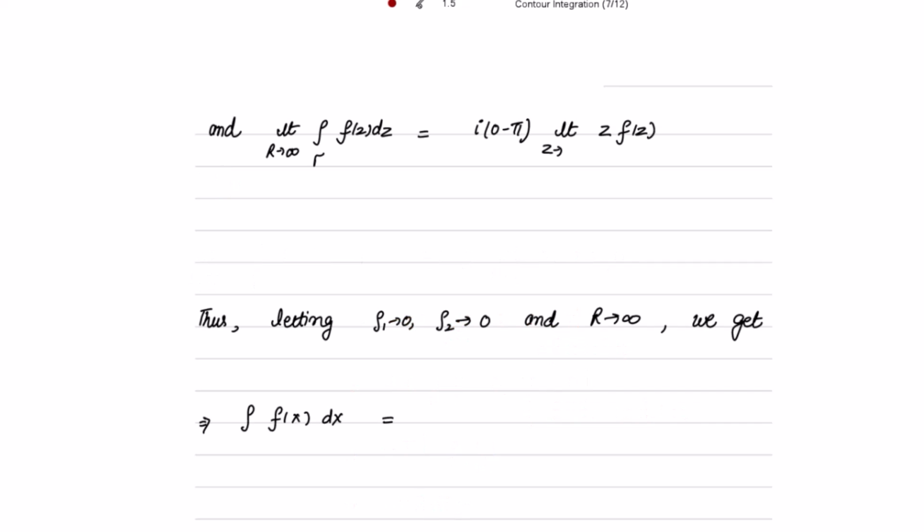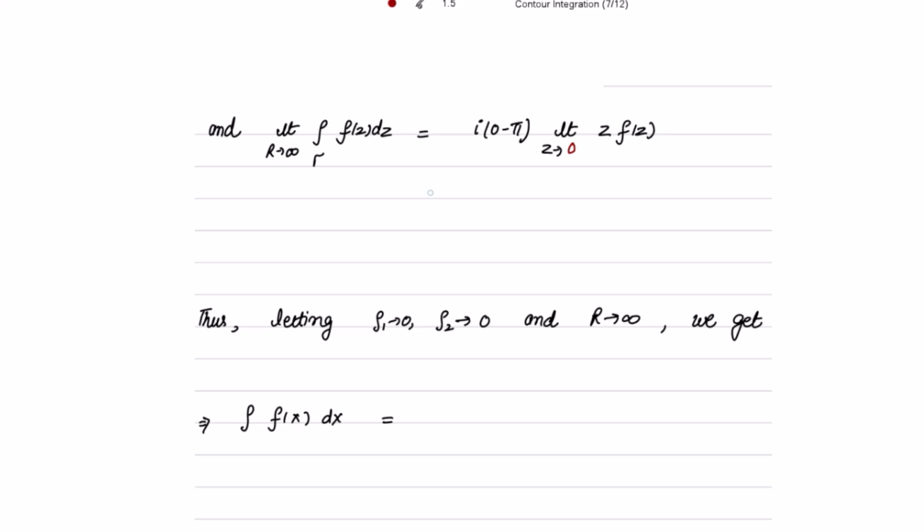And finally, along tau, limit r tends to infinity. Now here you have to take the radius tending to infinity. R tends to infinity along tau, the integral of f(z) dz is equal to iota times 0 minus pi, same formula, but limit z tends to 0 always. And z minus z naught, because z is tending to 0, so here it is z minus 0, f of z.